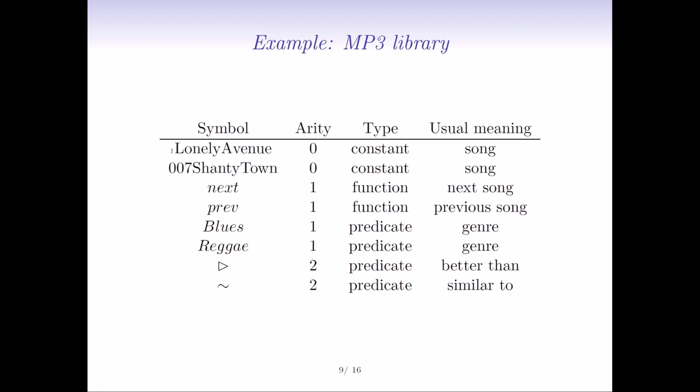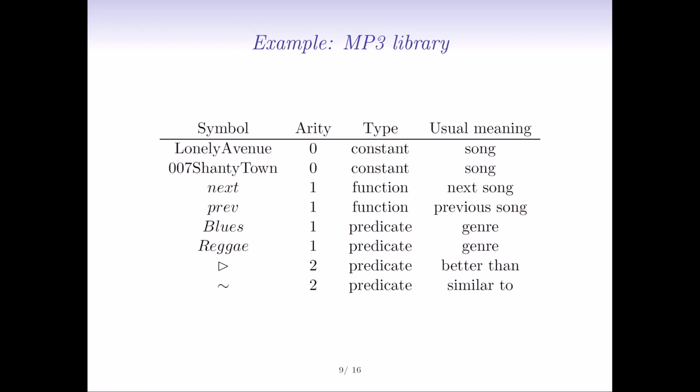So I'm going to have a bunch of constant symbols. I might have more, but here I've written down two of them. They're function symbols with arity zero, and I'm going to use them to denote objects in my universe, which are going to be the songs. So here's Lonely Avenue, which is a Ray Charles song, and here's 007 Shantytown, which is a Desmond Dekker song.